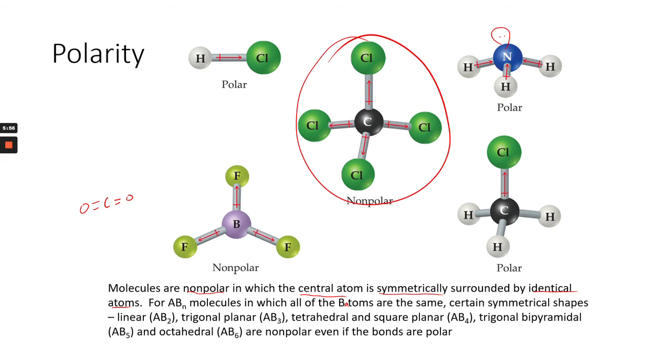Trigonal planar, this is trigonal planar right here. Tetrahedral, this is tetrahedral. Square planar, which is when you have 6 domains, but 2 of them are lone pairs.